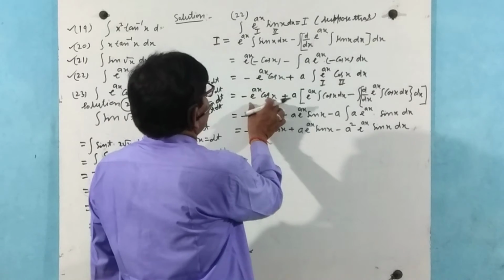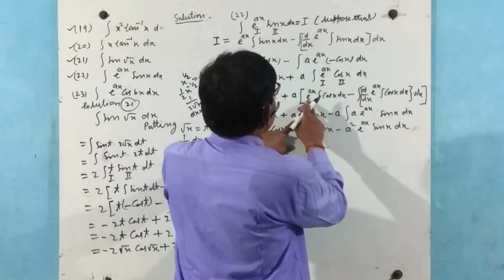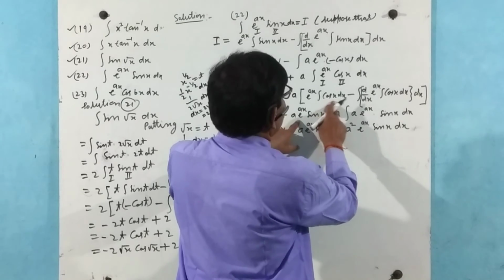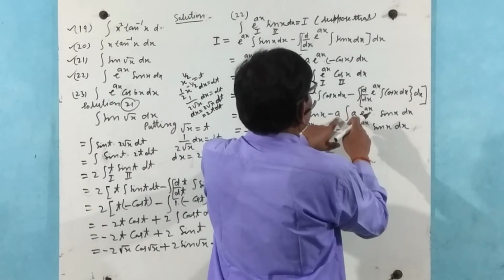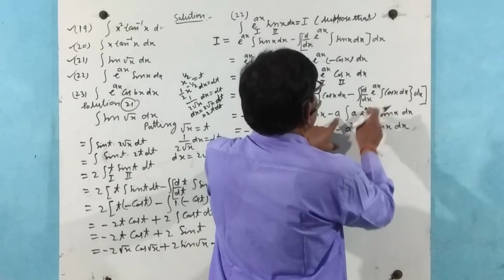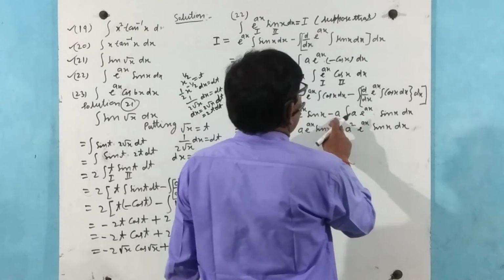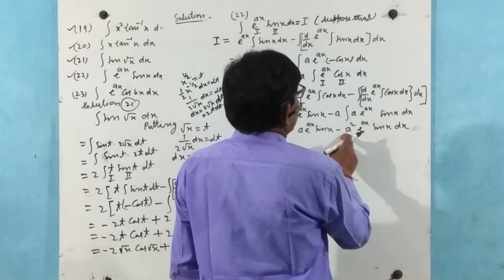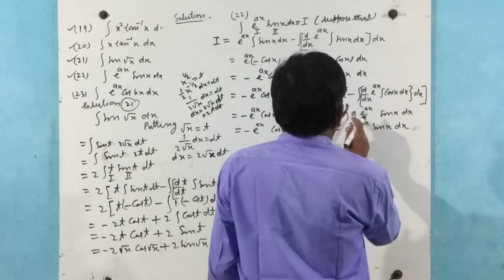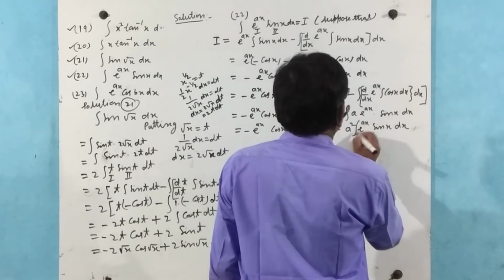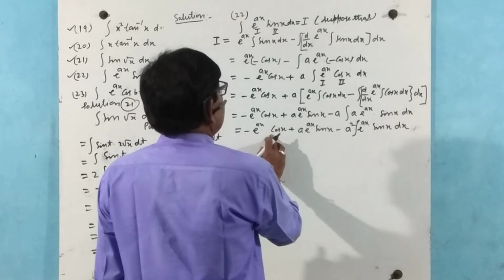Integration of cos x is sin x, and a also comes here, differentiation of e to the power ax is a e to the power ax, and integration of this is this, so a and a, this is a square, integration of e to the power ax sin x dx, and this comes here.